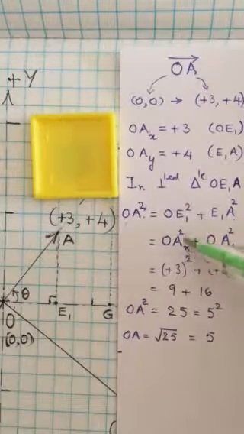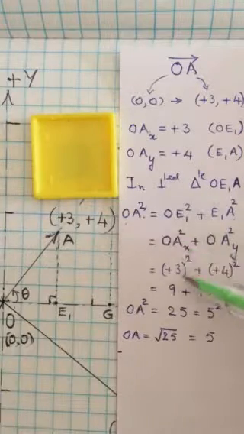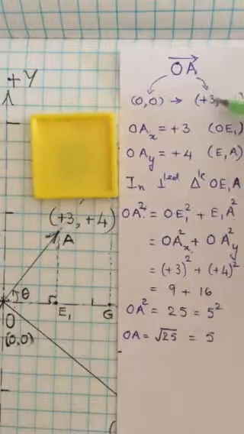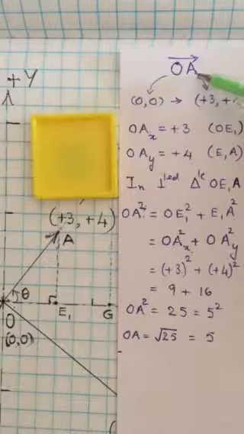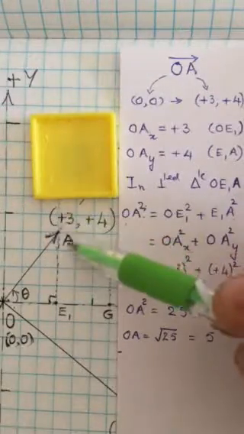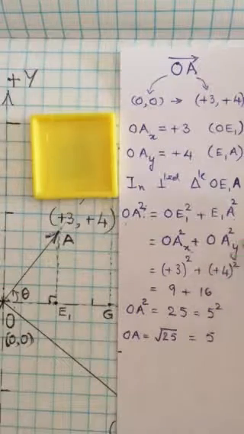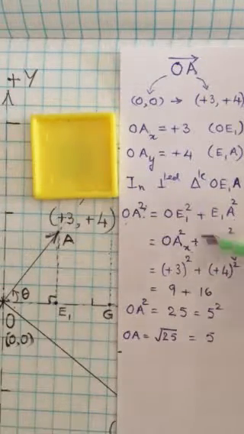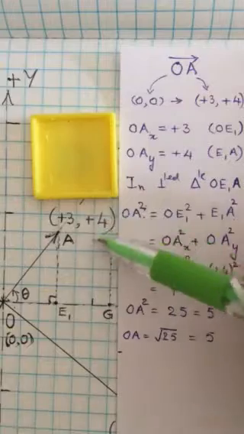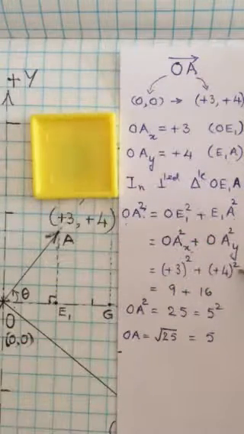So we know x component of vector OA is simply the x coordinate of the final point A. So we have plus 3 whole squared plus y component squared, means the y coordinate plus 4 here, its square, plus 4 whole squared.